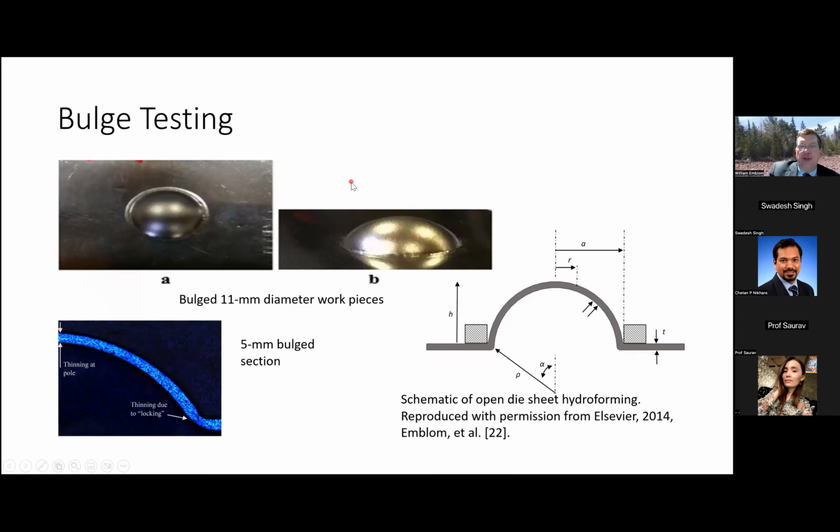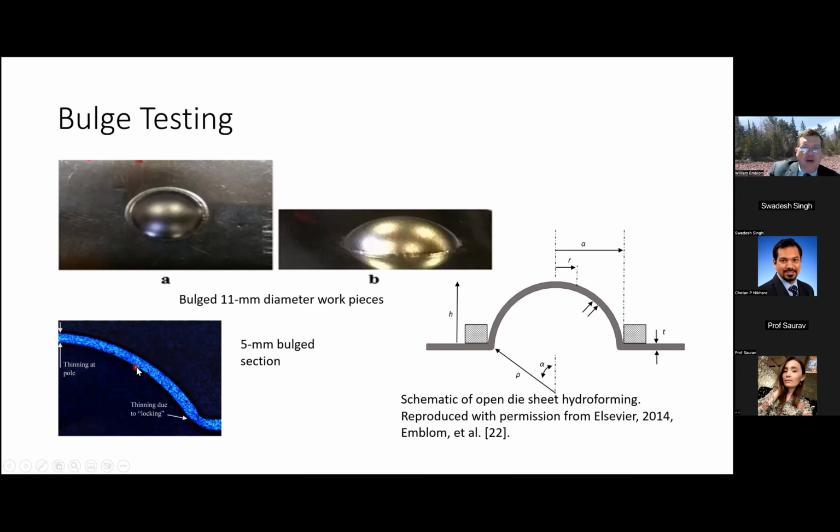Once we started bulge testing, and these are actually done with our original tooling that I showed you earlier, we started getting bulge parts, and we measured the dome height, and we used Marciniak's and Benedict's methods for estimating the material properties, the K and n values, within the plastic regions.